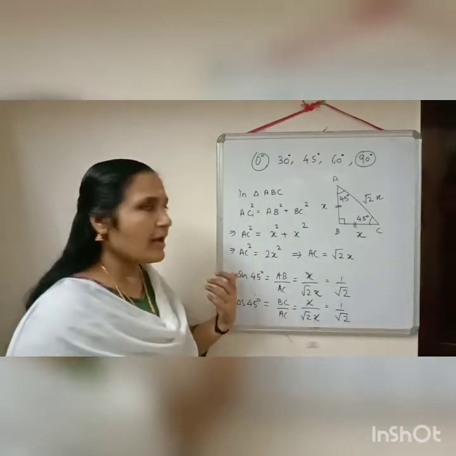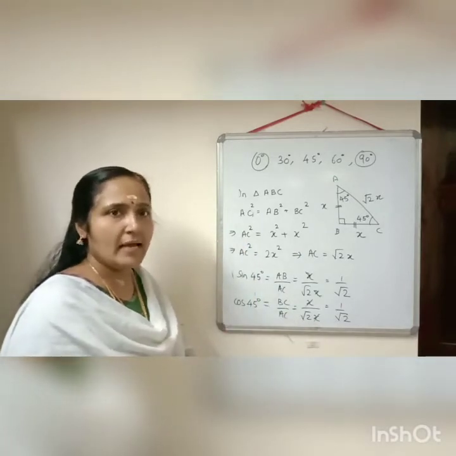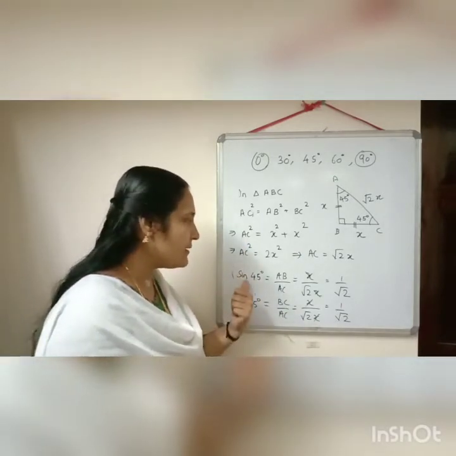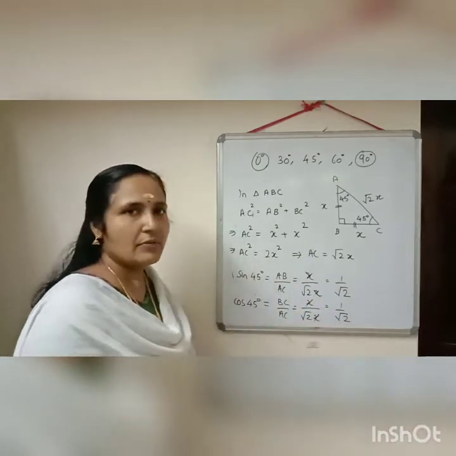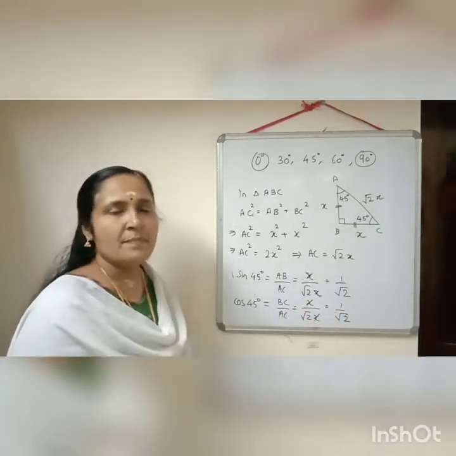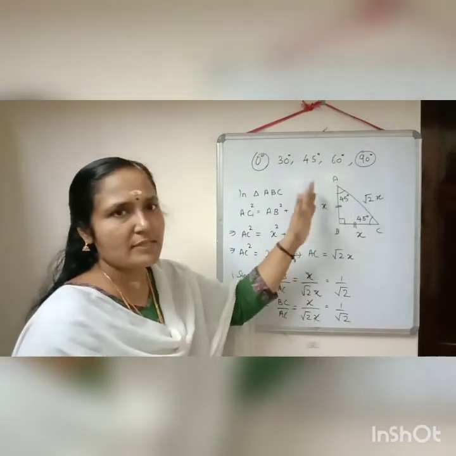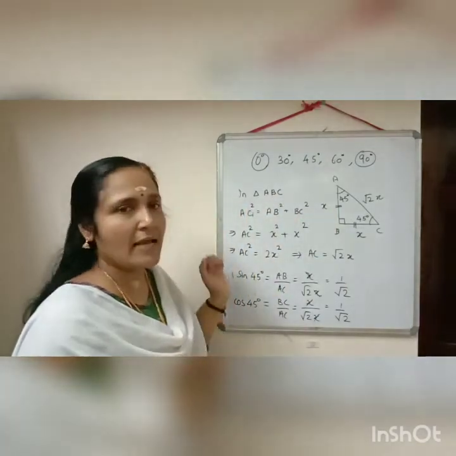If you know the values of sine and cos, the rest of the trigonometric ratios we can calculate. So just remember that sin 45 degree is equal to 1 by root 2 and cos 45 degree also is equal to 1 by root 2. The rest we can also calculate using the concept, but that will be time consuming.